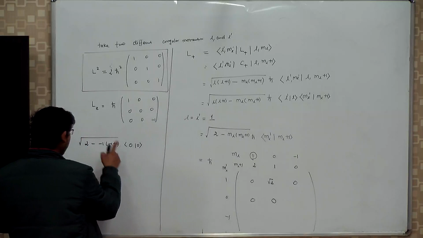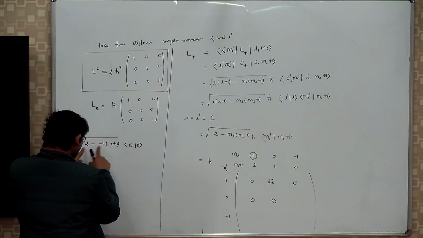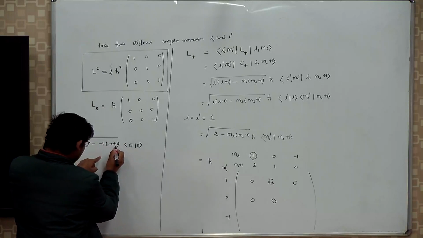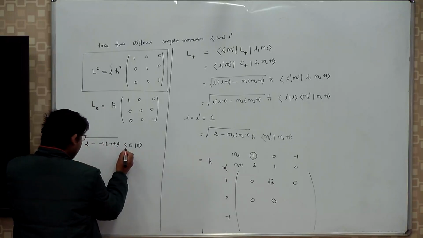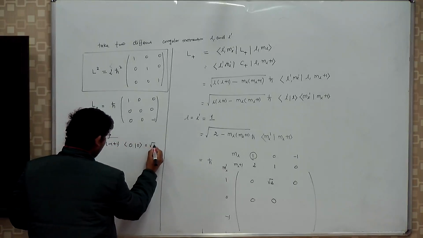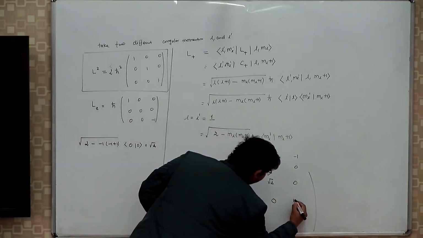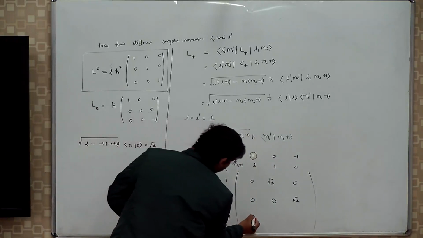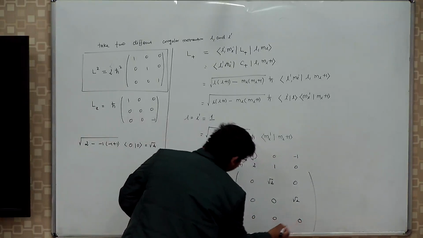Then if you look here, this is square root of 2, then this term will be 0, minus 1 plus 1 will be 0, then inner product between 0 and 0 will be 1, so we will get square root of 2. Similarly, other entries, we will get 0 only.